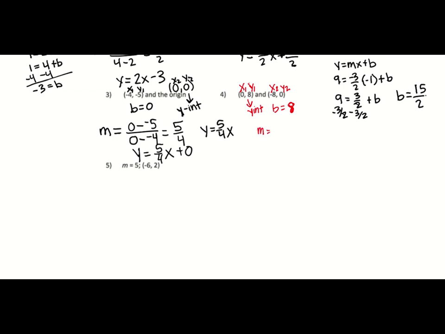M equals y2 minus y1 over x2 minus x1. So I get -8 over -8, which is 1. So in this case, my equation is y equals m, which is 1, x plus b, which is 8. And that 1x, I can rewrite that as just x.